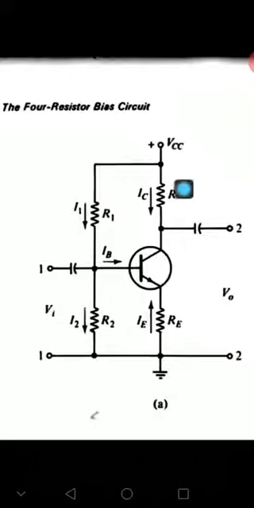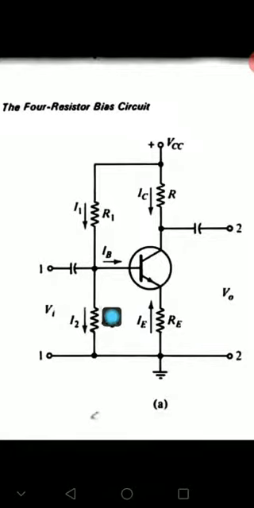Because 4 resistances RC, RE, R1 and R2 are taken, it is called the 4 resistor biased circuit. R1 and R2 are just like a potential divider circuit, so it is called potential divider biasing.